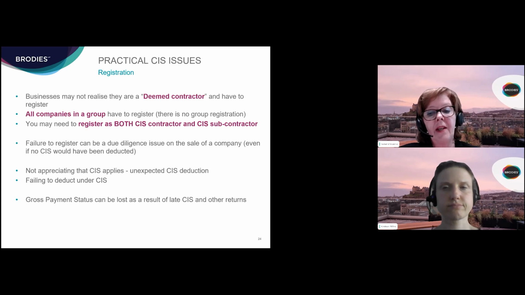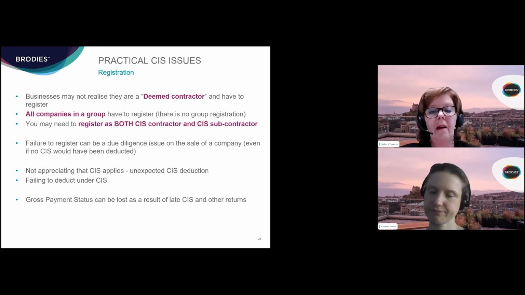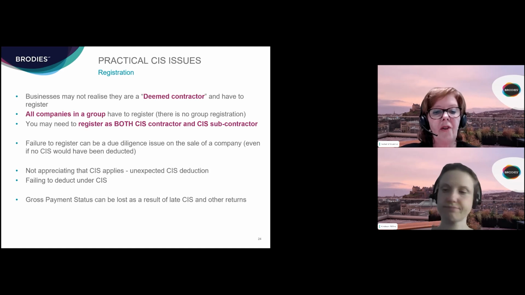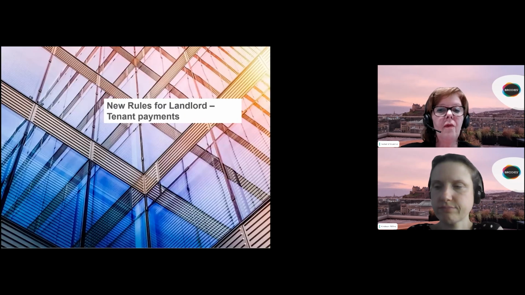Obviously, not appreciating that there's a CIS deduction can leave a big hole in the funding for a transaction, and you can lose gross payment status as well if you don't do the CIS reporting correctly.